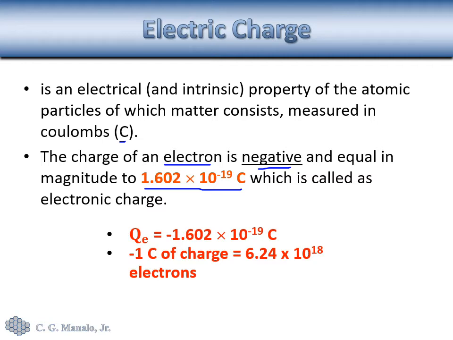To make one coulomb, or specifically -1 coulomb, you would need a very large number of electrons, this much.